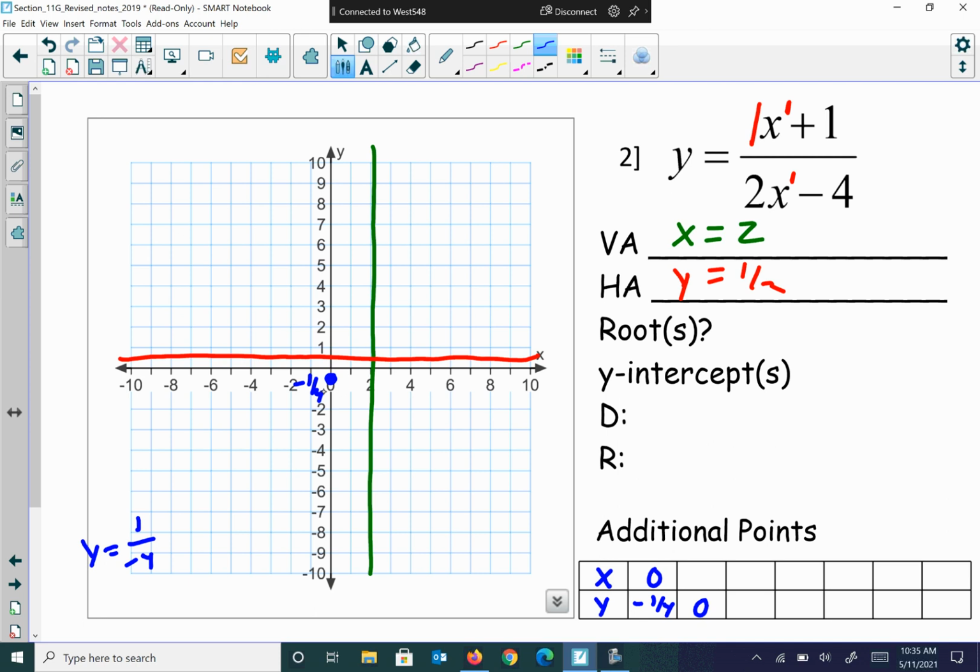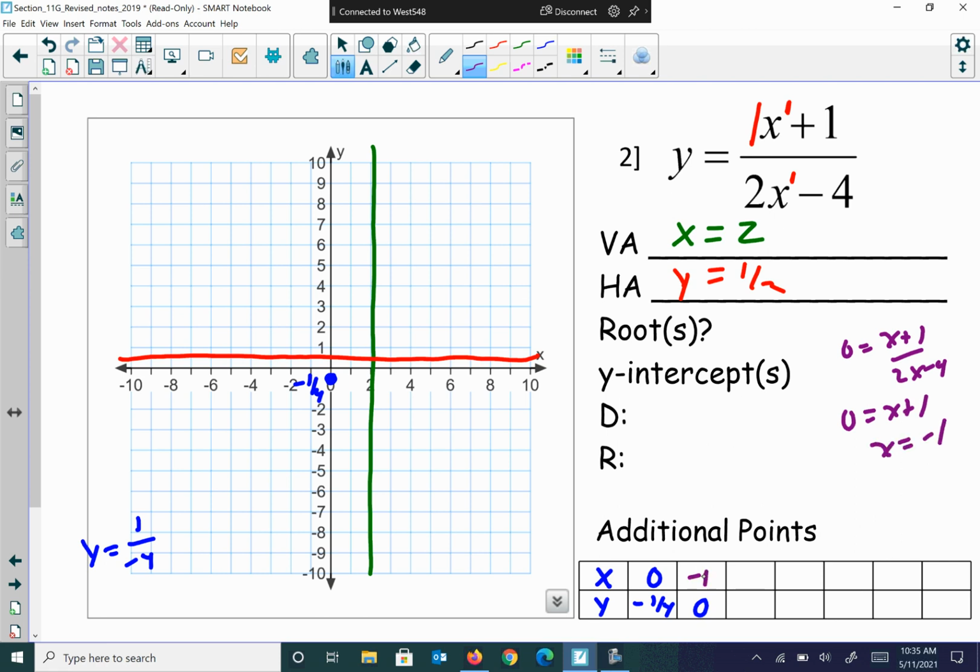Okay? And then if I wanted to find the other point, do this in purple. This is a y value. So if you plug 0 in for your y value, if I multiply both sides by 2x minus 4, I get 0 equals x plus 1. So x equals negative 1.